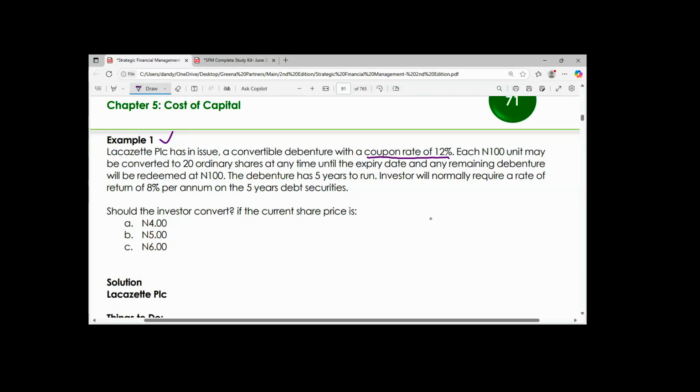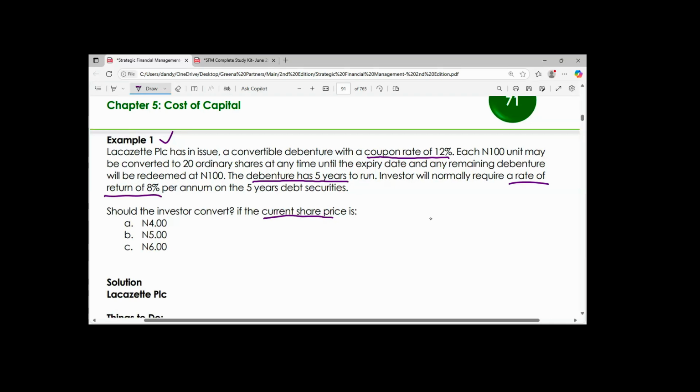The debenture has 5 years to run. Investors will normally require a rate of return of 8% per annum on the 5 years debt securities. Should the investor convert if the current share price is A, 4 naira, B, 5 naira, C, 6 naira?